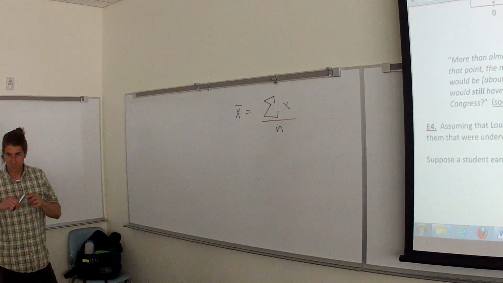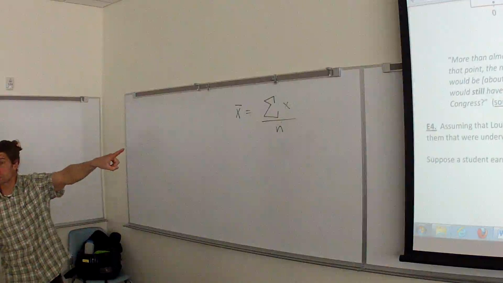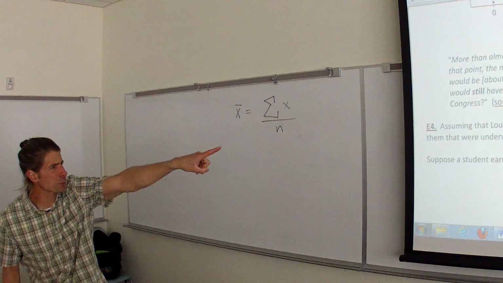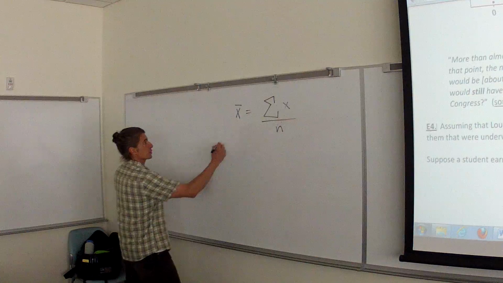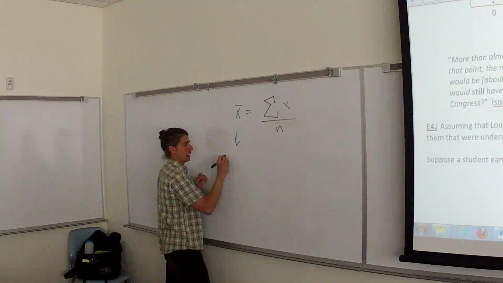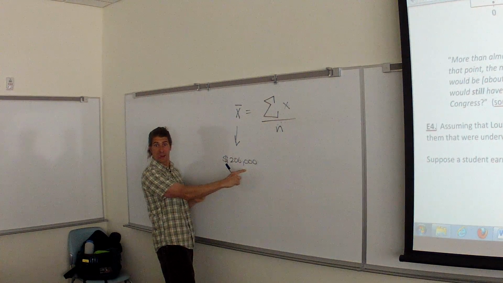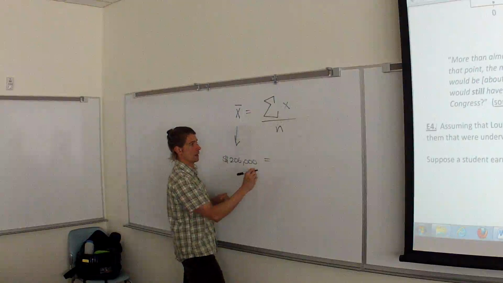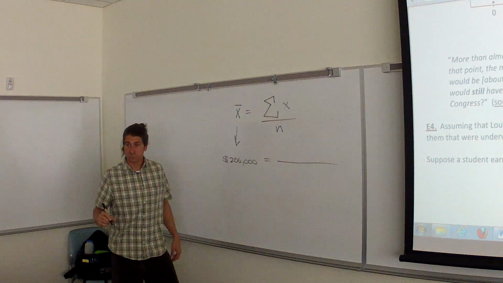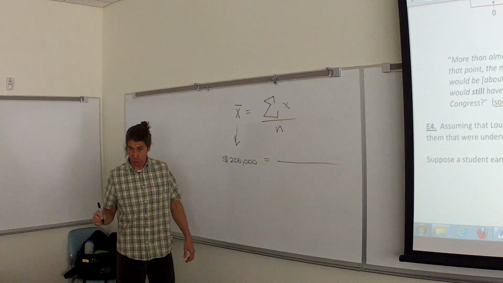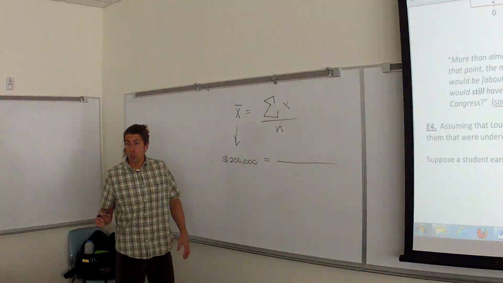So the thing is, we have the average. They told you the average price of a house was $206,000. So we have to figure out how to do some other things. So it's 206, and then sigma x, as far as I have understood, is 200 billion plus, or what, 8.3 trillion, divided by.